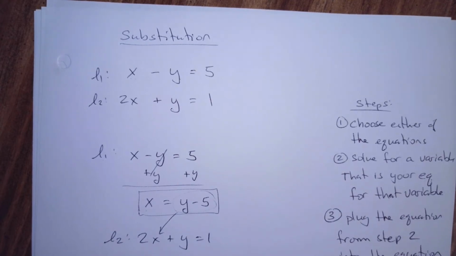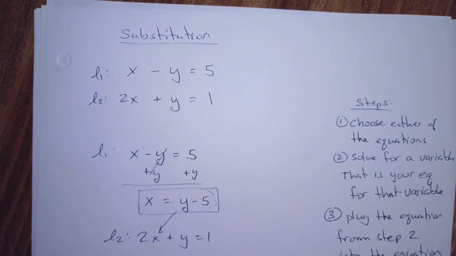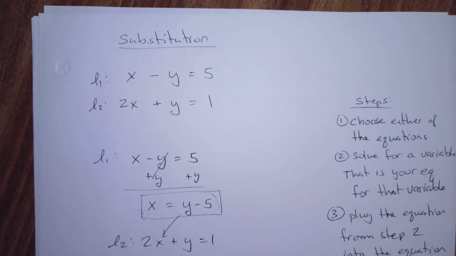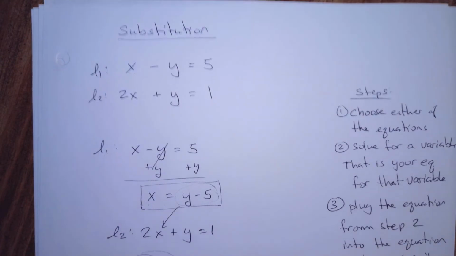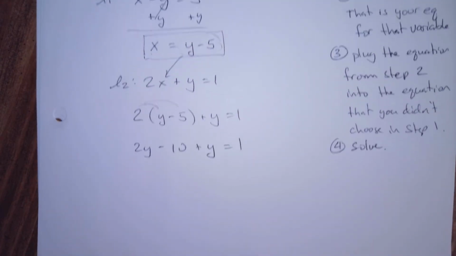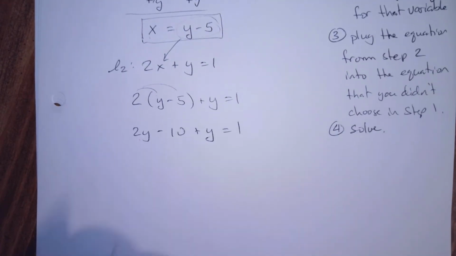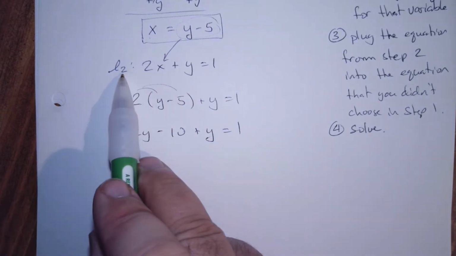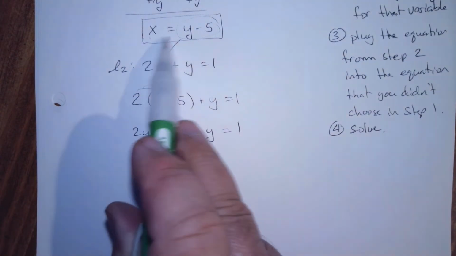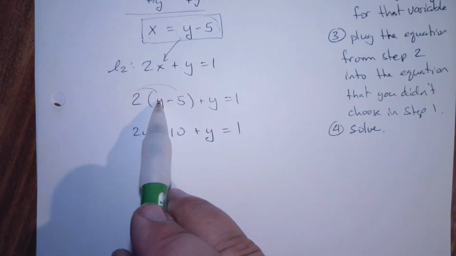Solve. Get rid of the parentheses, so I have 2y minus 10 plus y equals 1. So again, I use line 2. Anywhere I see an x, I know x equals y minus 5, so I put that in there.